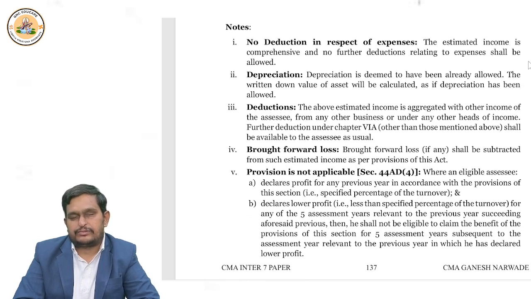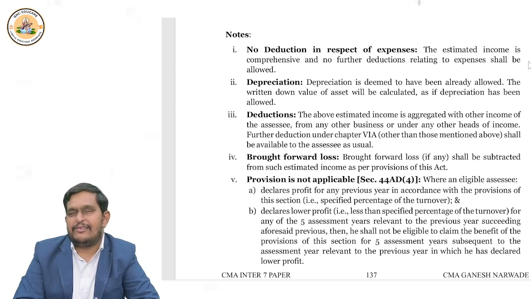That means we have to believe that we have claimed the deductions. Can you claim depreciation or deductions under 30 to 38 again? The answer is no, no, no. Please remember this. They are already deducted, so no need to deduct them again. It is deemed that they are deducted, and that's why such a small percentage is taken.